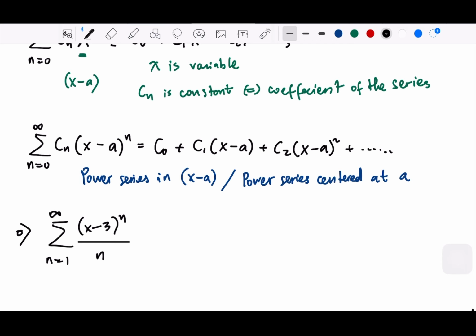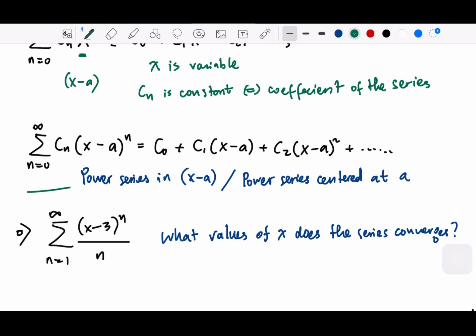Maybe the question is what values of x does the series converge?